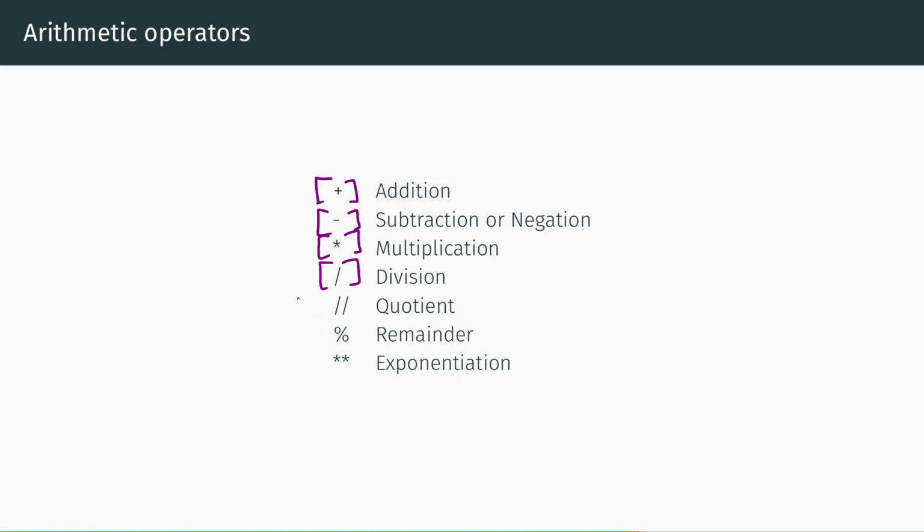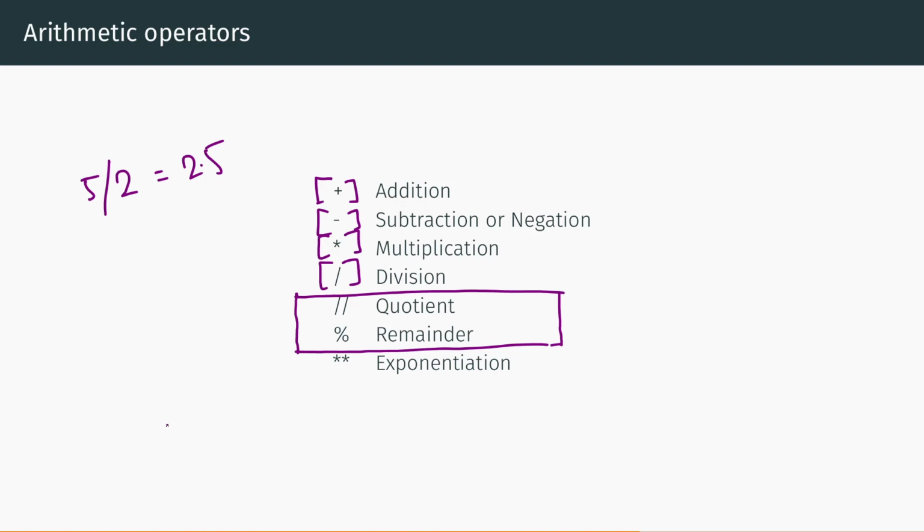The thing that is maybe not so common is the quotient and remainder part. Not only can you divide two numbers, you can also find out the quotient and the remainder. So let's say you divide 5 by 2. What is the answer to this one? The answer is 2.5, right?